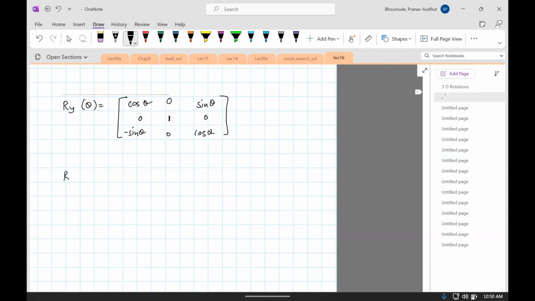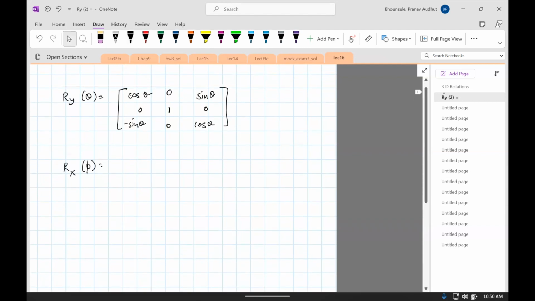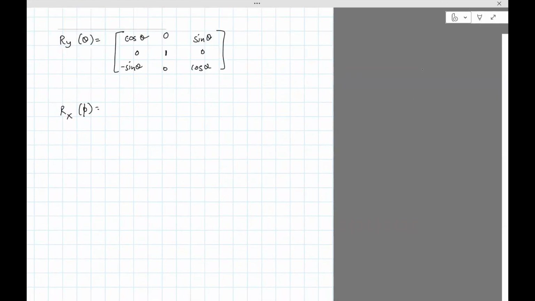And then there will be a rotation about the x-axis. Let's have that parameterized by phi. So again, you'll put 1, 0, 0. This is because the x-axis is unchanged by the rotation about the x-axis, and then we'll put cosine phi, minus sine phi, sine phi, cosine phi.